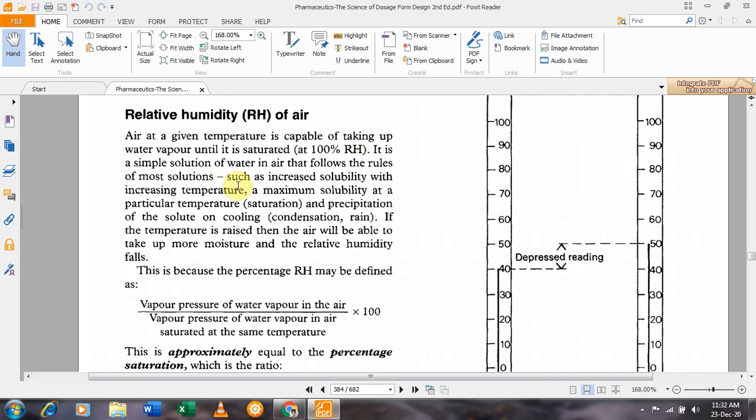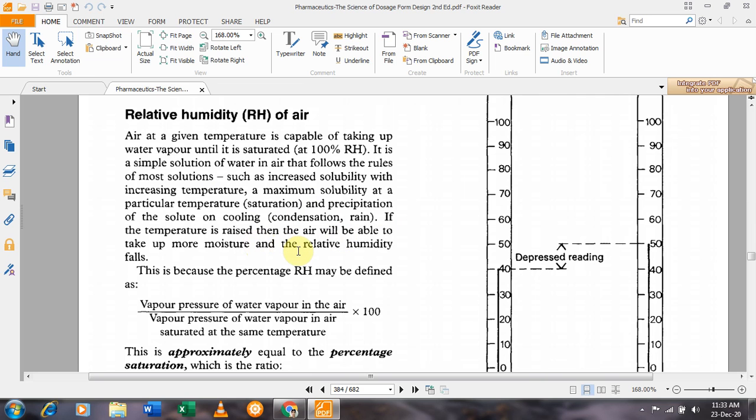It is a simple solution of water and air that follows the rules of most solutions, such as increased solubility with increased temperature, maximum solubility at a particular temperature, that is saturation, and similar precipitation of solute on cooling, that is condensation, like in rain.